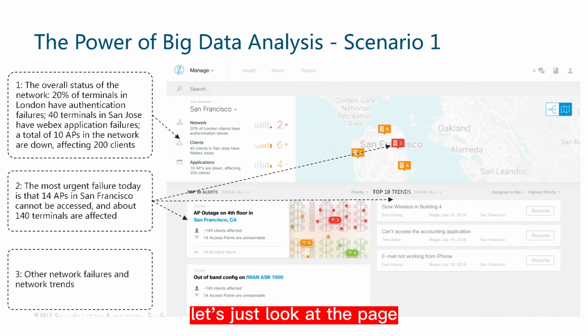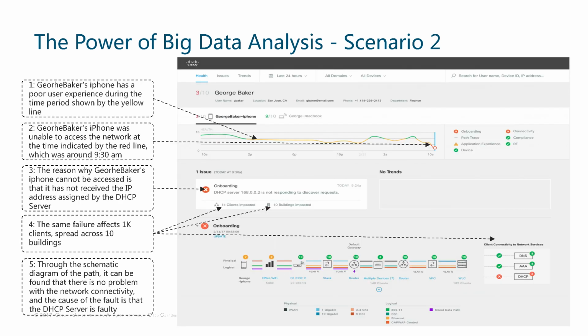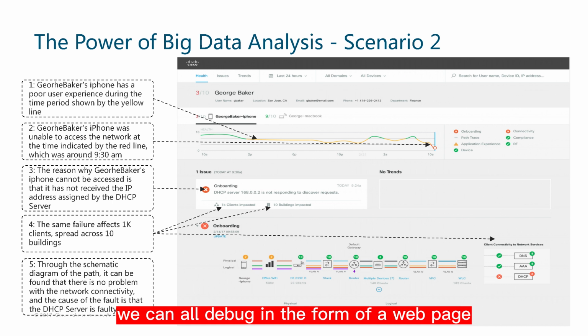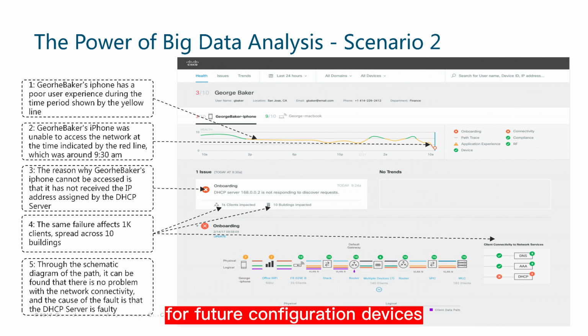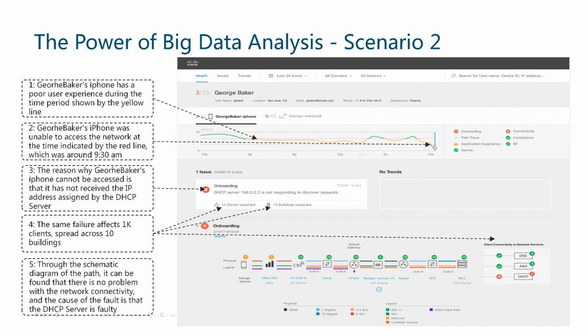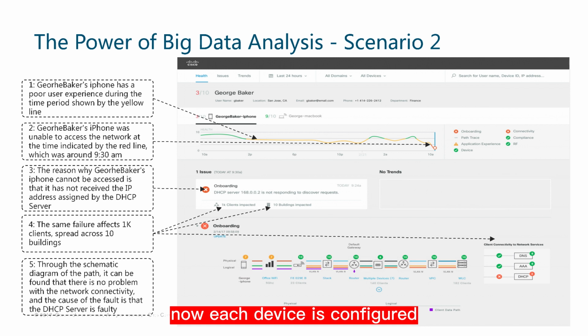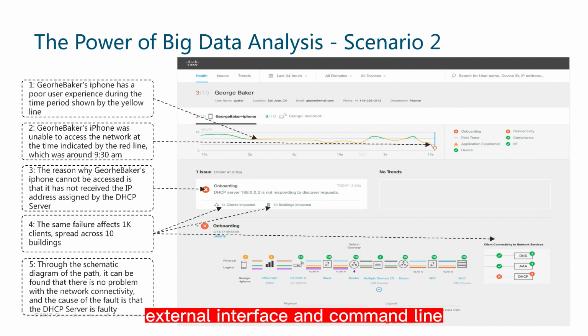Let's just look at the page. This is called big data analysis. All these controls inside, we can all debug in the form of a web page. That is, for future configuration devices, you configure less. Now each device is configured with two ways: external interface and command line.